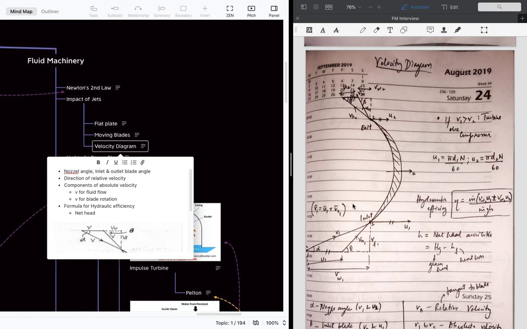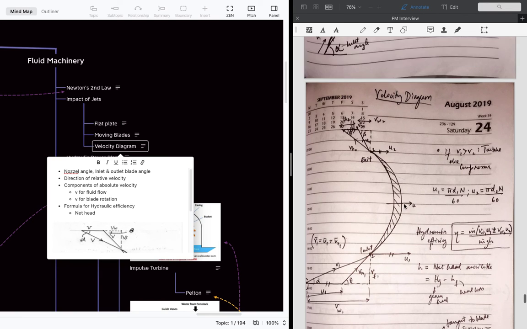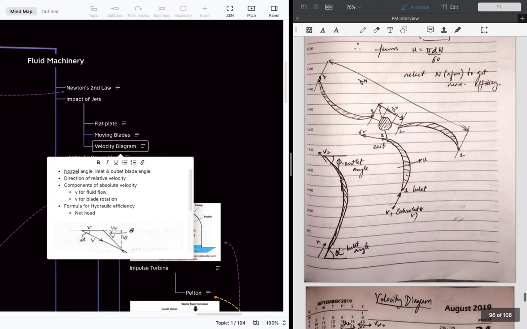For a turbine, the inlet absolute velocity is always greater than the outlet absolute velocity. If it is less than the outlet absolute velocity, that means it's a compressor. As we know, u1 and u2 are the blade velocities, and this is the general formula for that. d1 and d2 are the diameters at the inlet and the outlet.